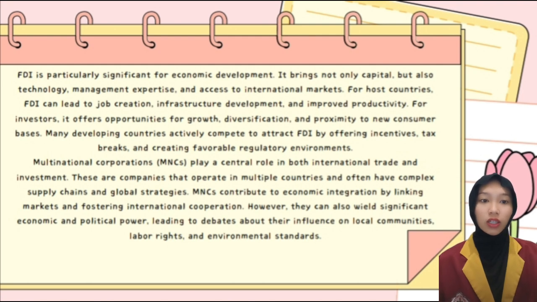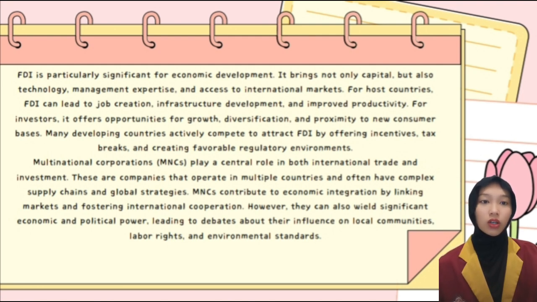Moreover, trade can exacerbate income inequality and environmental degradation if not managed responsibly. As a result, governments often implement policies such as trade adjustment assistance and environmental regulation to address these concerns.